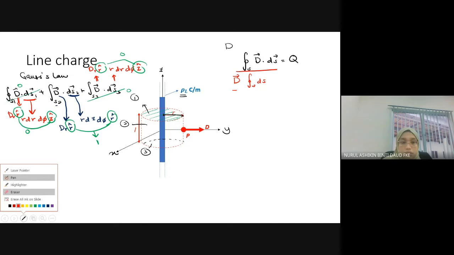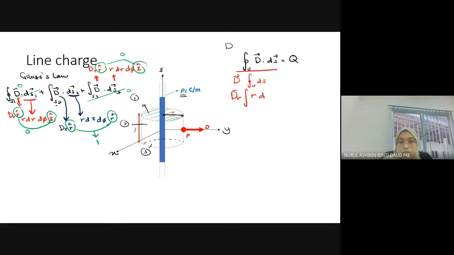It will be D_r times the integral of r dz dphi, where z goes from 0 to L and phi goes from 0 to 2 pi.